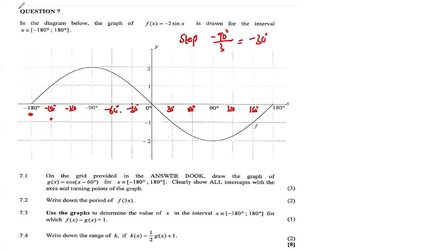As we move along, we have -120, which is exactly at -1. And then at -90, we have again -0.866. So that's it there, and then it goes all the way like that.